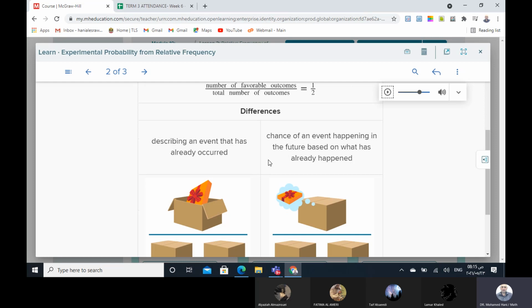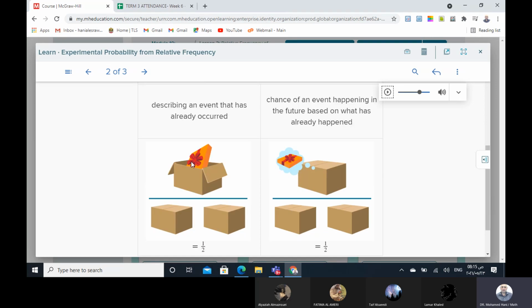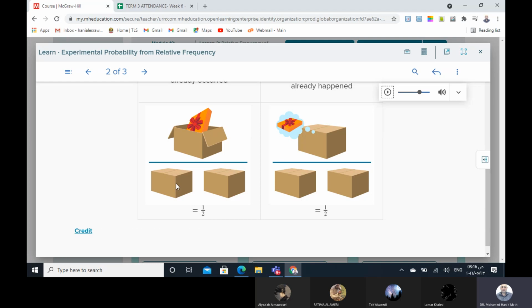So the differences, as you see here: describing an event that has already occurred, and here, chance of an event happening in the future based on what was already happening. So as you see here, we have two boxes and we open one from two, and here the same idea.